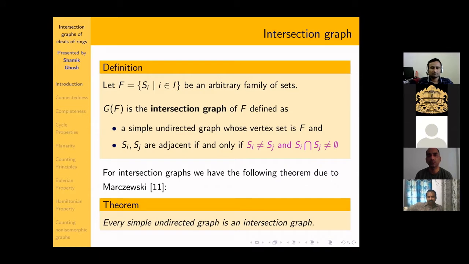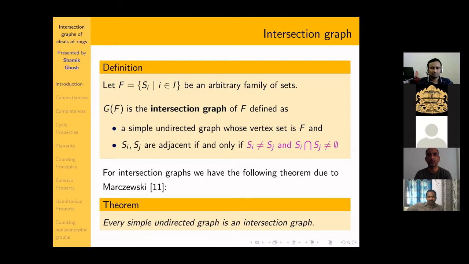And just to avoid loops on the graph, we want to make it a simple graph, and their intersection is non-empty. So it is the basic idea of an intersection graph: given any collection of sets, the vertex set is that collection of sets, and two such vertices are adjacent if and only if their intersection is non-empty.